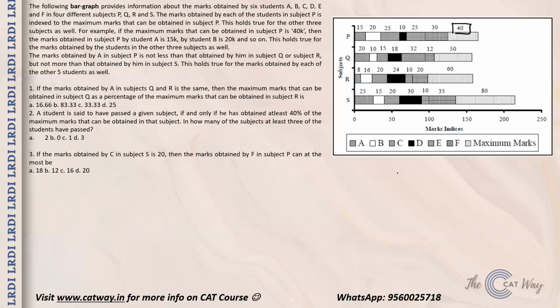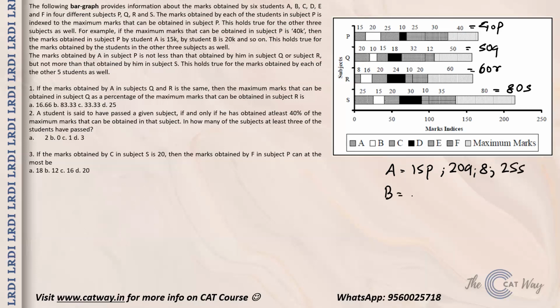Let's talk about A. What are the scores of A? First let us identify them. Let's give names to the total scores. This is 40P, this is 50Q, this is 60R, and this is 80S. Let's say these are the total scores. Now A is 15P, 20Q, 8R, and 25S.